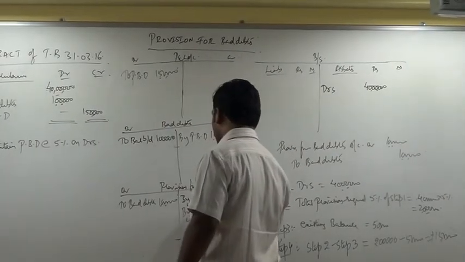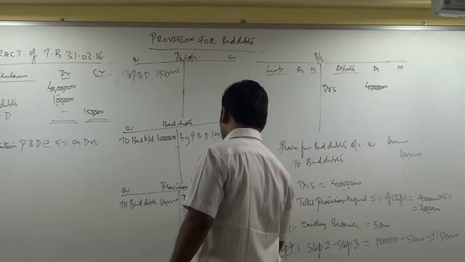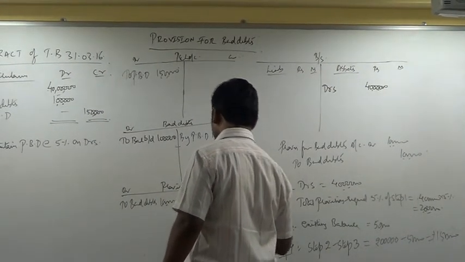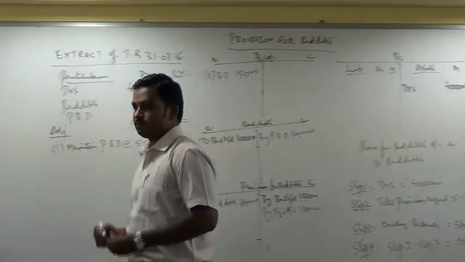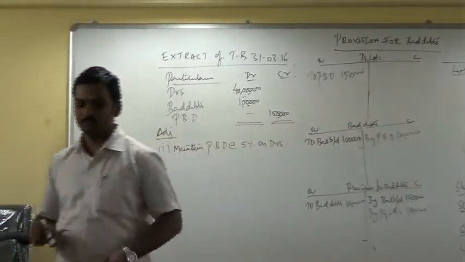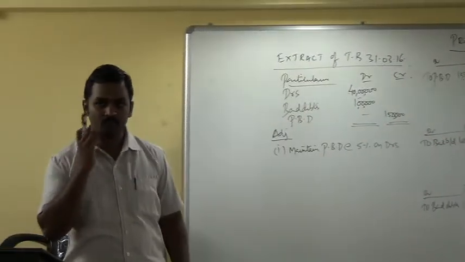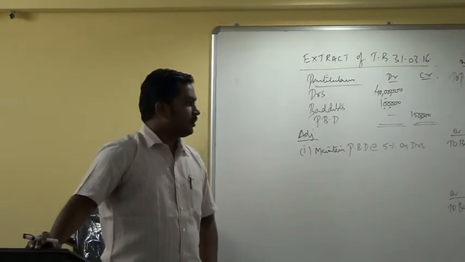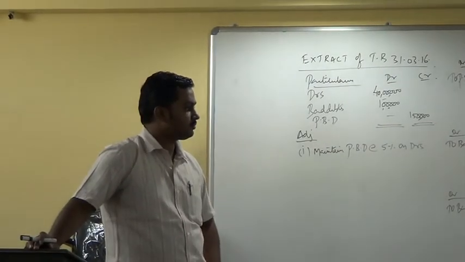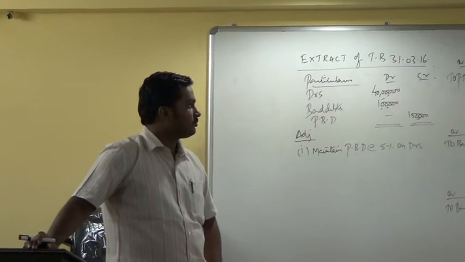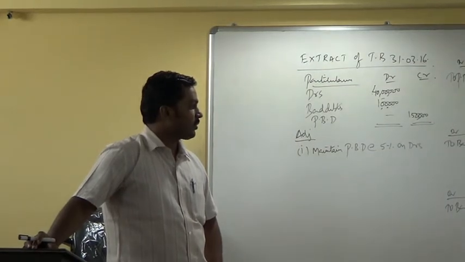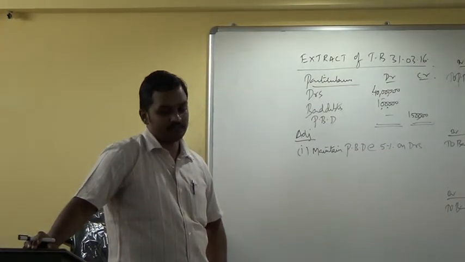In the provision for bad debts account you write by P&L account 1 lakh 50,000. P&L account gets a debit. Provision for bad debts account gets a credit.